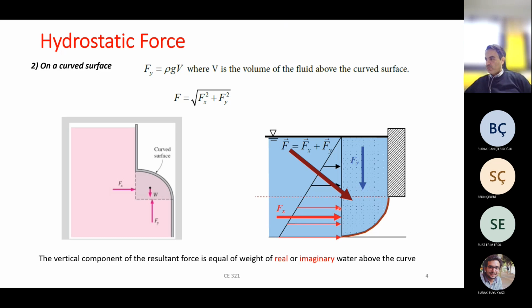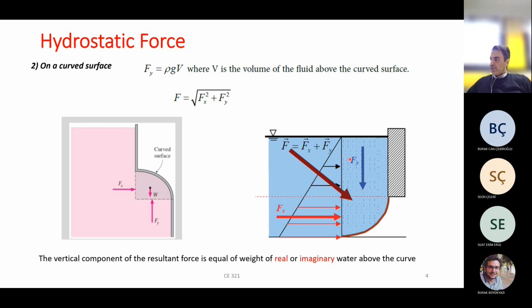In other words, if you calculate the area under this trapezoidal pressure diagram, you can find Fx. It would be easy for you. How? You can find the pressure here, which equals gamma times H. H is the depth of water here. So pressure at this dashed line equals gamma times this value.